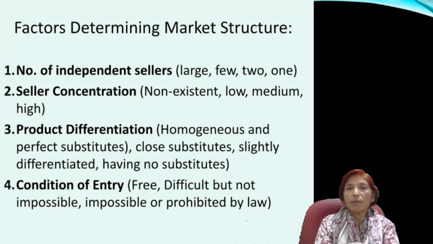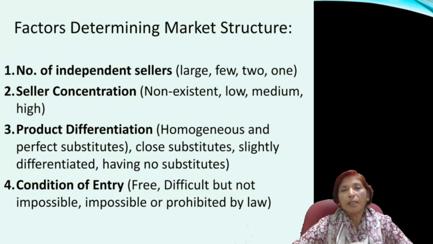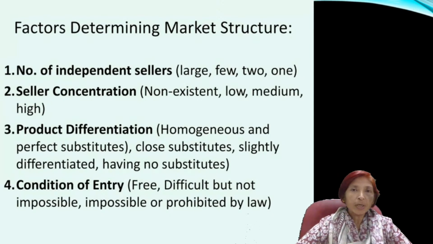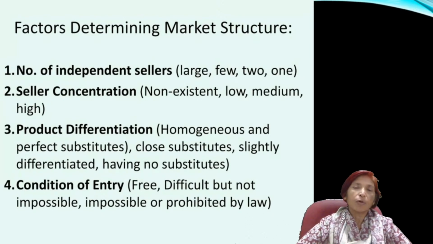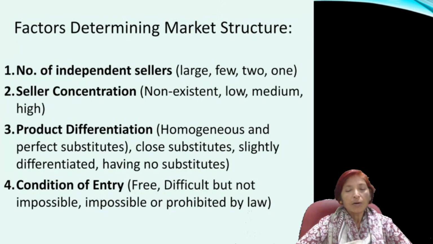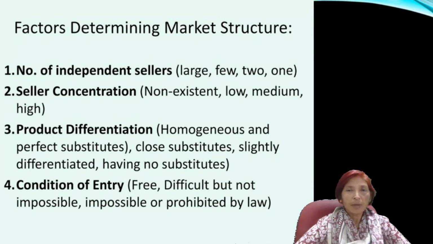In a perfect competition market, the product is always homogeneous. In a monopoly market, the product may be homogeneous or differentiated. In monopolistic competition, the product is always differentiated, but close substitutes are available in the market. And in an oligopoly market, the product may be homogeneous or differentiated.